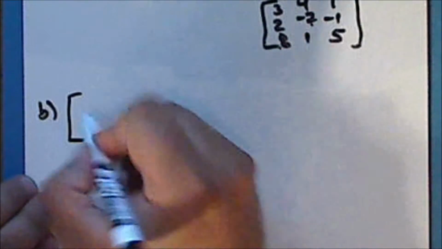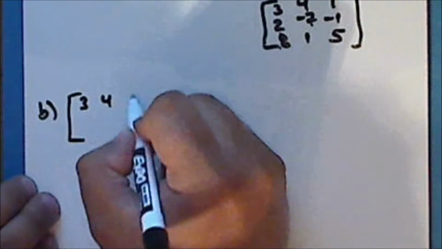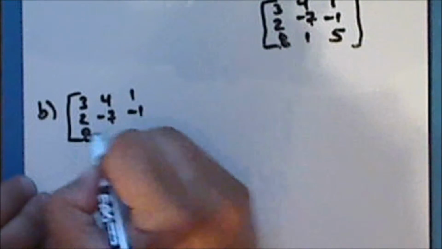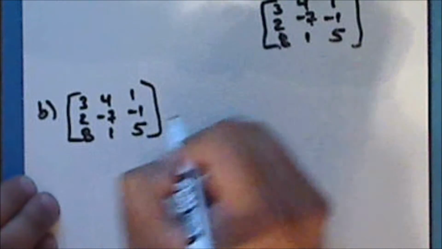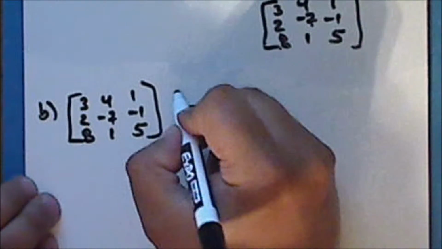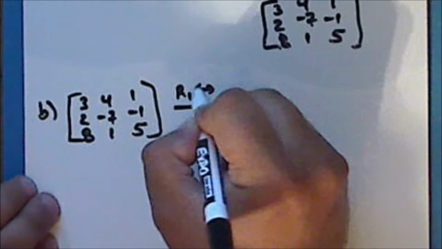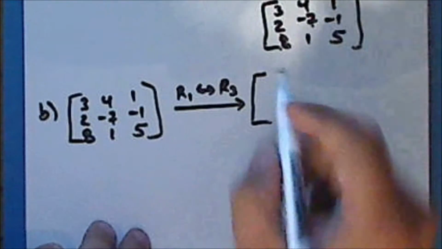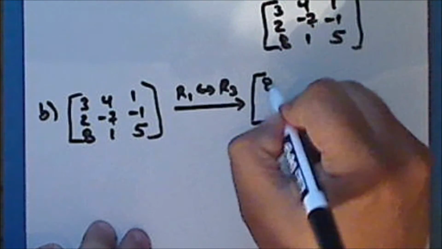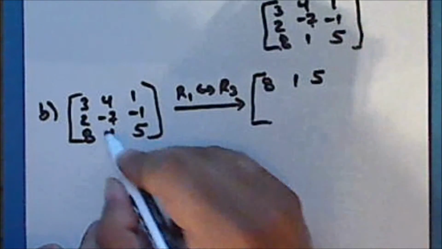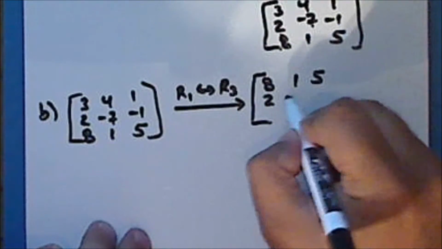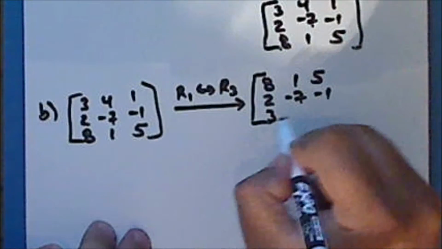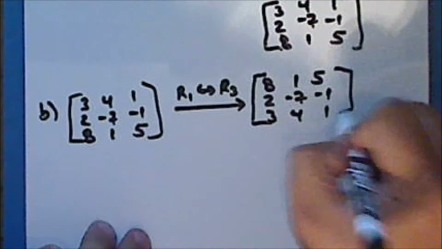So let's start with the same matrix: 3, 4, 1, 2, -7, -1, 8, 1, 5. And let's interchange rows 1 and 3. Then row 1 is 8, 1, 5. Row 2 does not change, 2, -7, -1. And row 3 is 3, 4, 1.